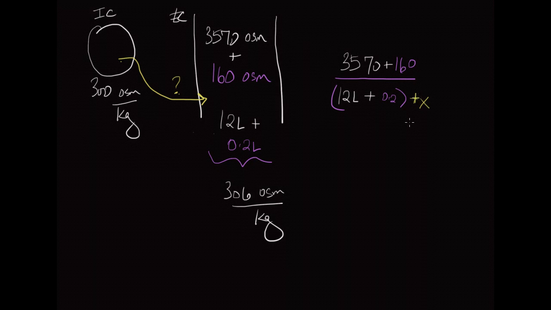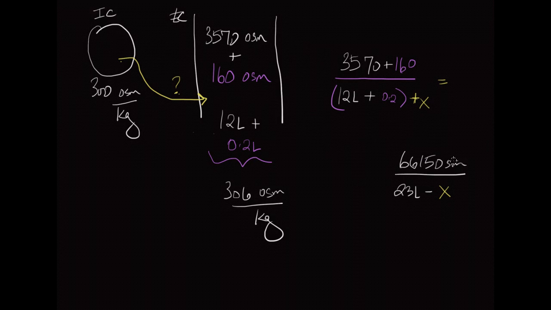And it's the x that we want to solve for. What's that going to equal? That's going to equal what's in the intracellular space, which is 6,615 osms divided by the total water in the intracellular space, which was about 23 liters, minus what we're going to lose, which is x. These two have to equal each other.